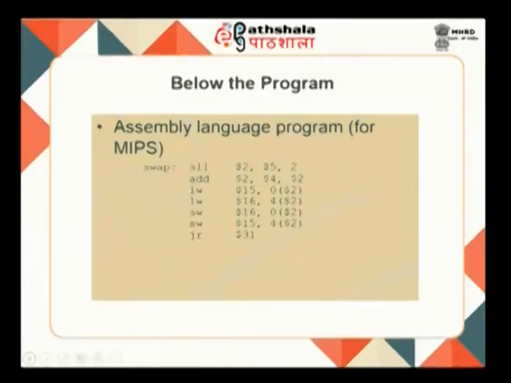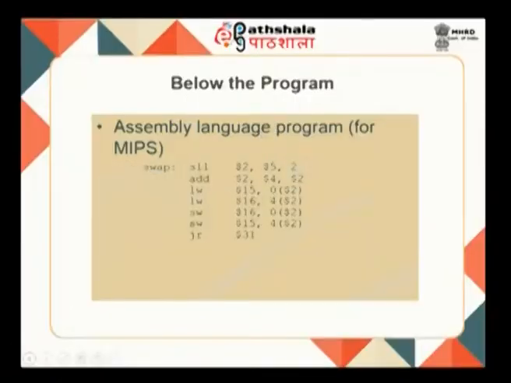You find that this consists of a number of instructions like SLL, add, LW, which is a load, SW, which is a store, and all that. So, whatever you had written in high level language has now been translated into a set of instructions which are specific to the MIPS architecture. All these instructions that have been shown here are part of the instruction set architecture of the MIPS processor.